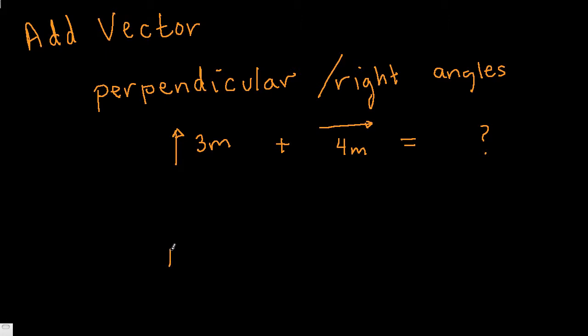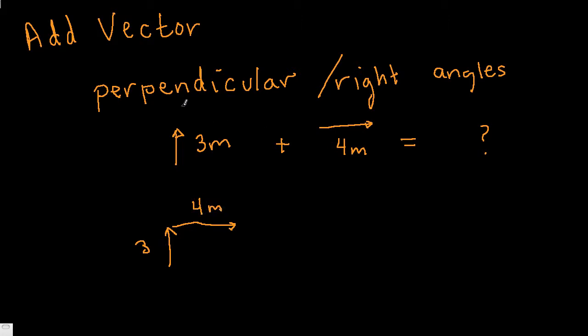So tip to tail would say first vector 3 up, second vector, I'm going to take its tail, put it at this tip. Oops, that's supposed to be a straight line. That's 4 meters.